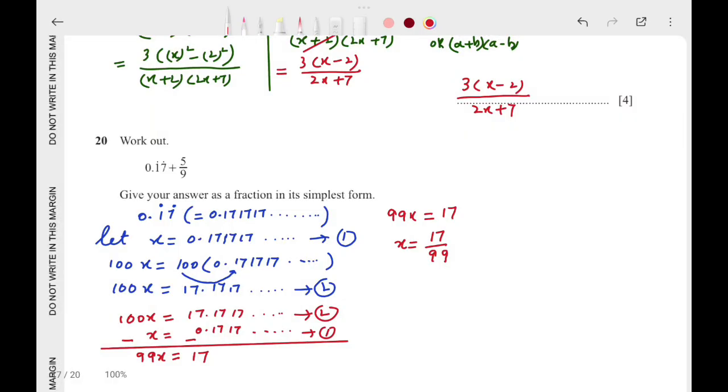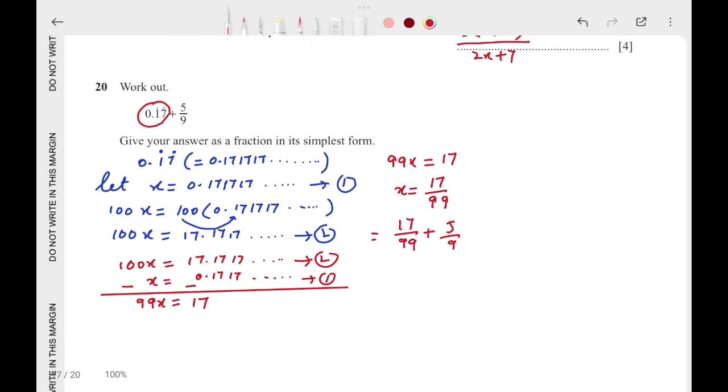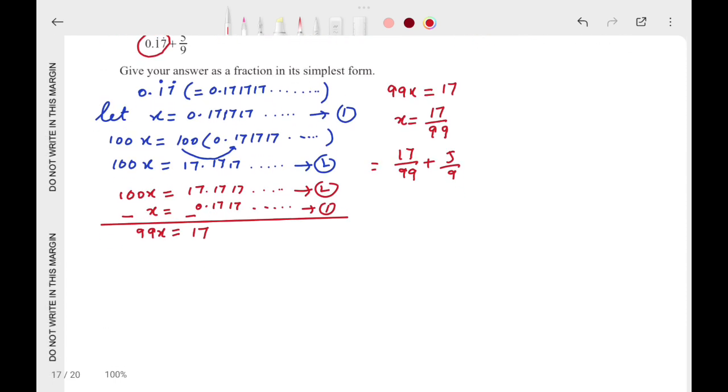So in place of this value, we'll write 17 over 99, then plus 5 over 9. So we'll make the denominator the same, and we have to multiply this 9 by 11 and this 5 by 11 again. So 17 over 99 plus 55 over 99. So denominators are the same, we can easily add up numerators.